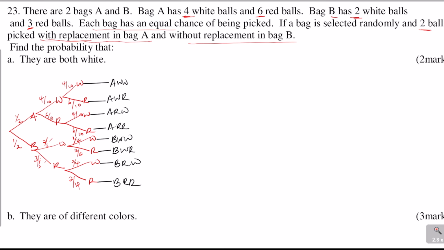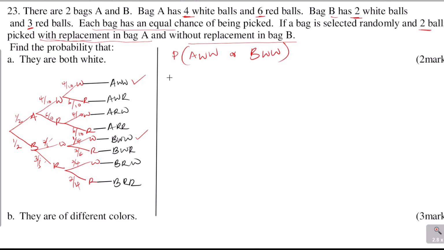Now let's go to the question. The probability that they are both white. The probability that they are both white is represented by that one: from bag A, both are white, or from bag B, both of them are white. So that will be probability of A, white, white, or probability of B, white, white.